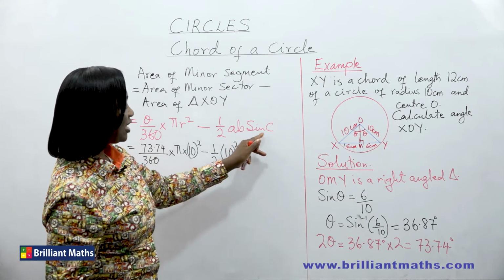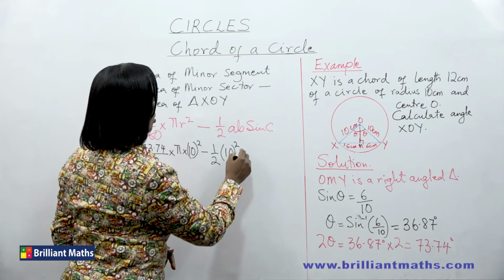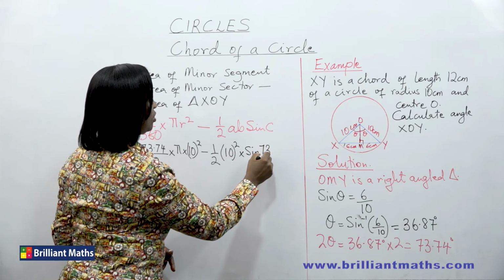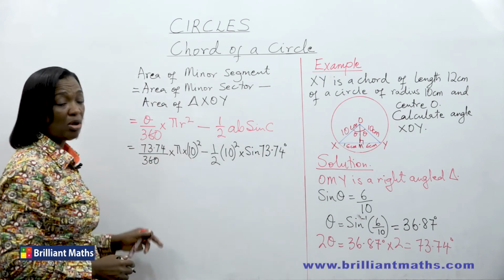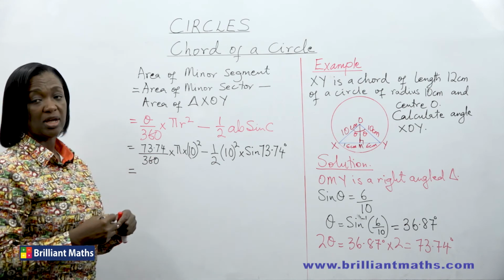And then sine C, sine 73.74. All right, so here, I'd like you to put that into your calculator.